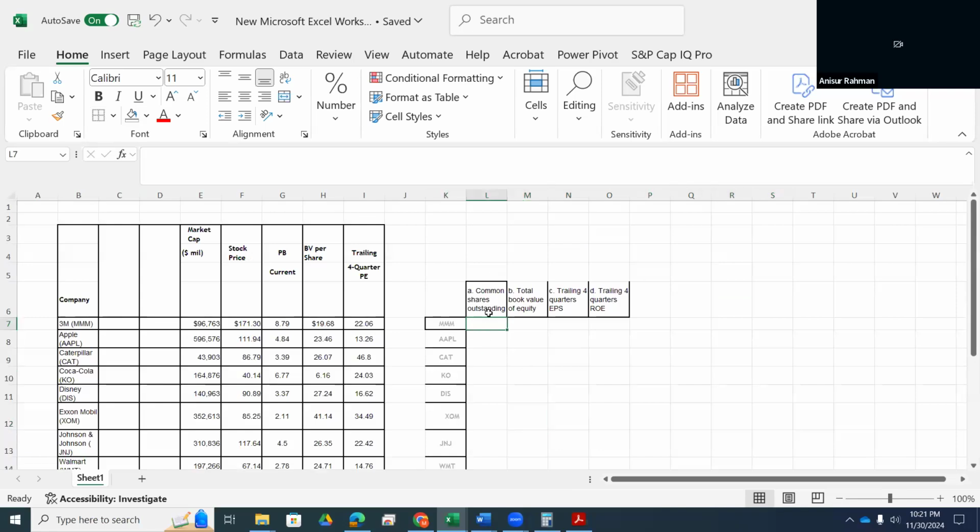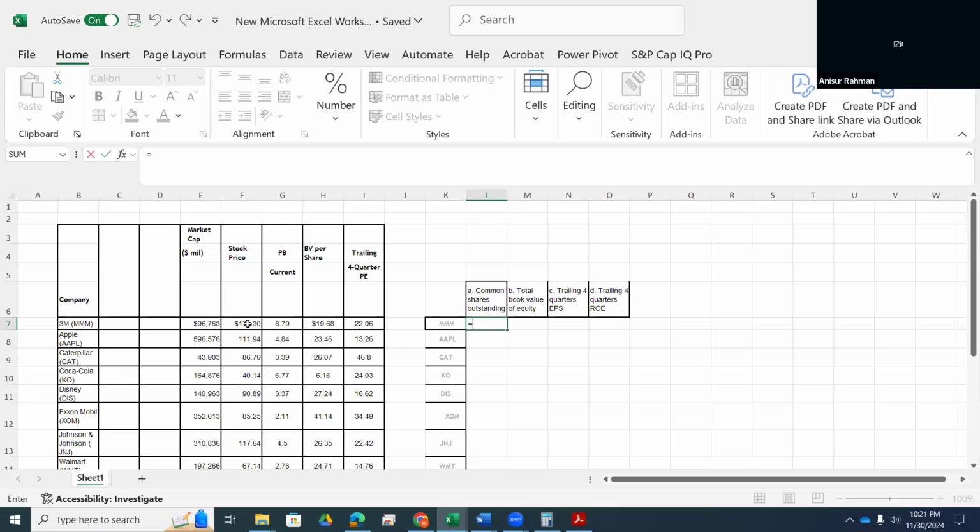Now, to find out common shares outstanding, I will enter equal sign. So we have market cap. So market cap is just short for market capitalization, which is market value of equity, total market value of equity. And this is the stock price per share.